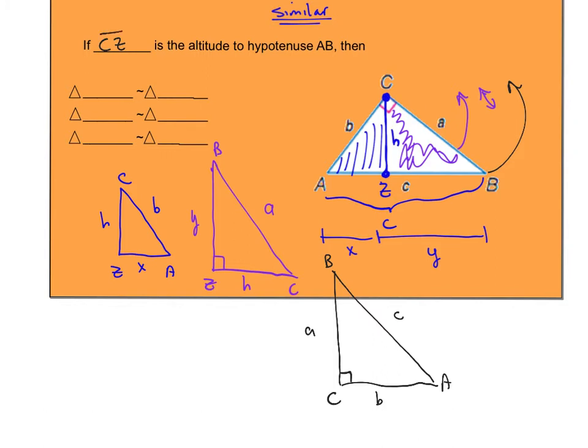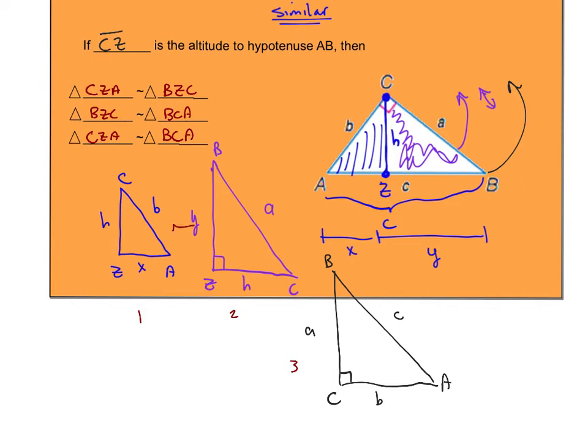Now what you need to realize is that I've got three triangles, and they're all similar. Triangle CZA is similar to BZC, and BZC is similar to BCA, and finally CZA is similar to BCA.